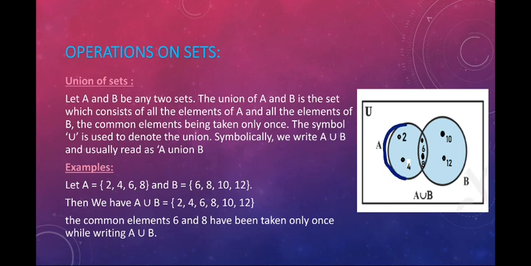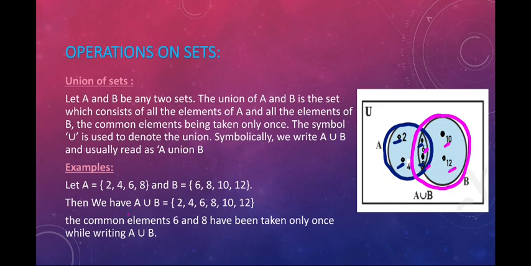This circle represents set A which contains 2, 4, 6 and 8, and this second one is another circle representing set B which contains 6, 8, 10, 12.